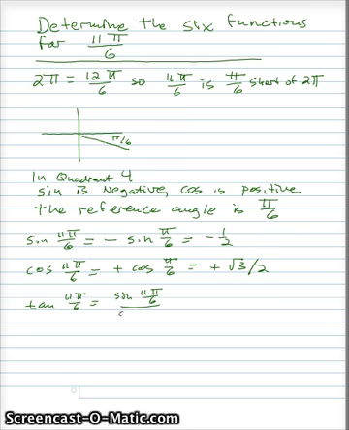And what is that going to give me? We're going to get negative 1/2 divided by positive root 3 over 2. A negative divided by a positive will be negative, and the result is going to be negative 1 over root 3, or negative root 3 over 3.